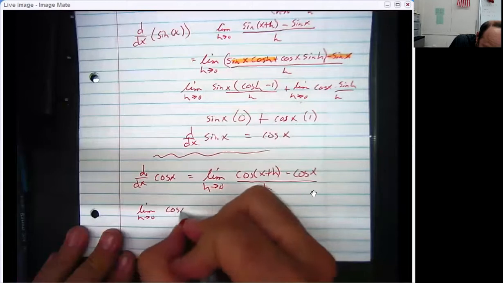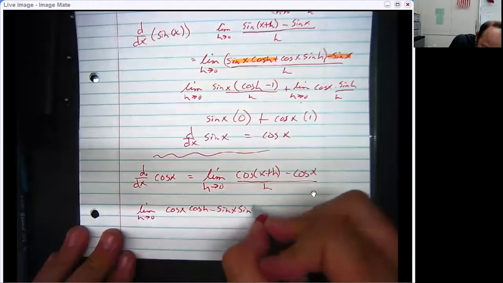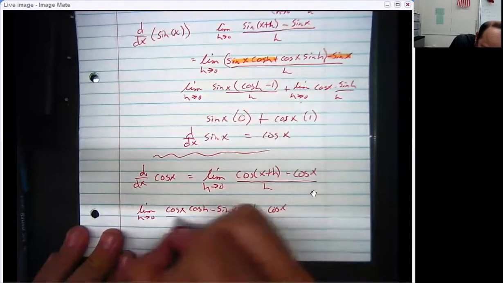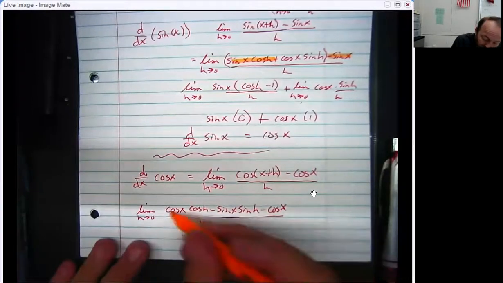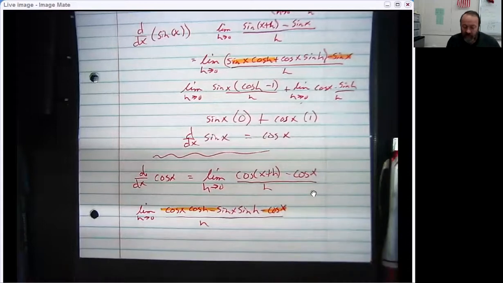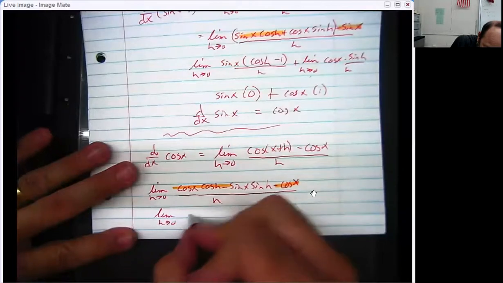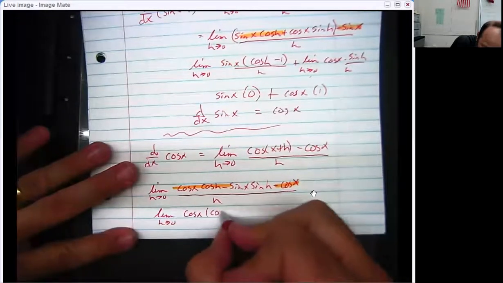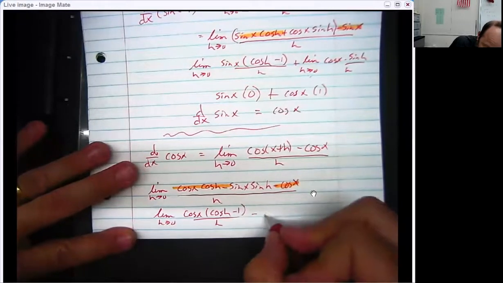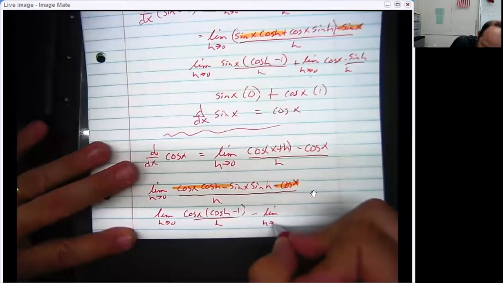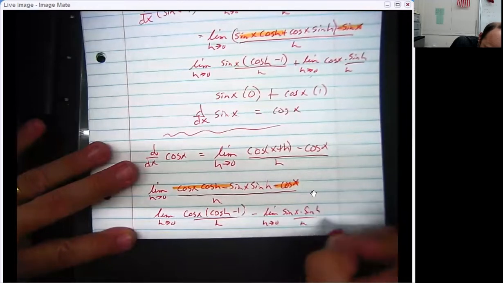That's going to be cosine x, cosine h, minus sine x, sine h, minus the cosine of x, all over h. Now, just like the previous problem, I'm going to go ahead and group these two pieces here together. In doing that, I have the limit as h goes to 0 of the cosine of x, which is going to leave me with the cosine of h minus 1 over h, minus the limit as h goes to 0 of the sine of x times the sine of h over h.